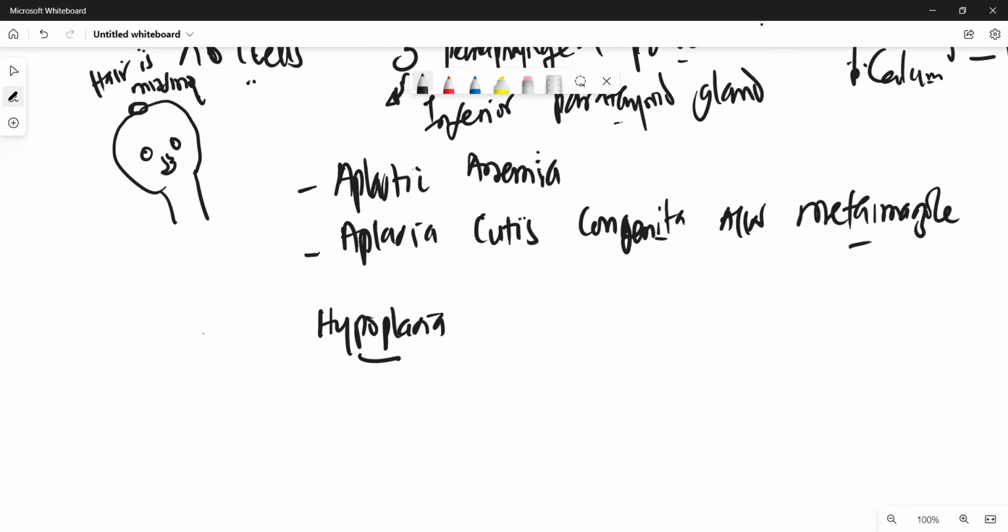The primordial tissue is there, but the organ does not develop fully, so this is basically incomplete organ development.